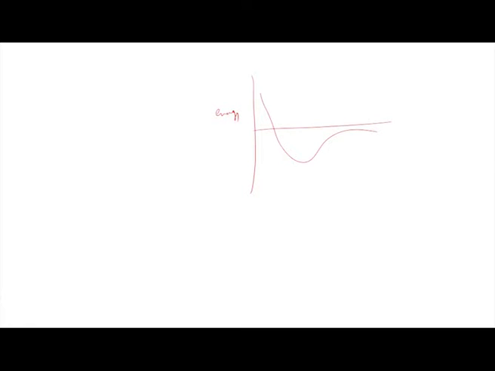This is the distance. So, it will be something like this. This is the position where you are going to have minimum energy. So, this will be the bond length, the distance between atoms. This is the equilibrium distance.